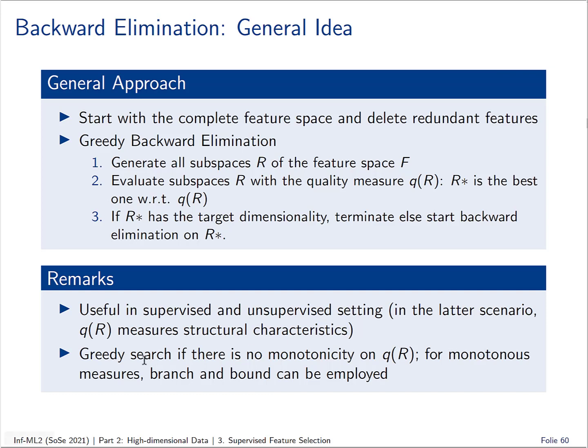And as I told you before, we can switch from a greedy search to a branch and bound method if the quality criterion is monotonic. What that actually means, we will talk about on one of the next slides. If that is monotonic, then we can employ these branch and bound algorithms, which are very similar to the a priori style algorithms for frequent item set mining, which you probably know from KDM. Okay, so that is the basic idea.